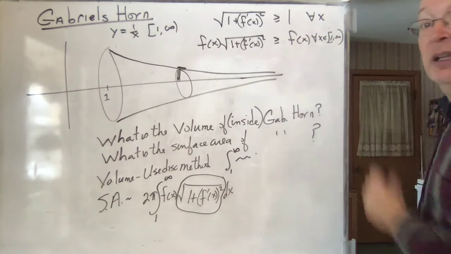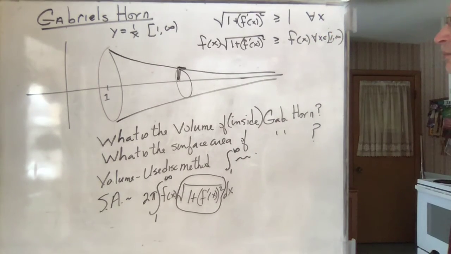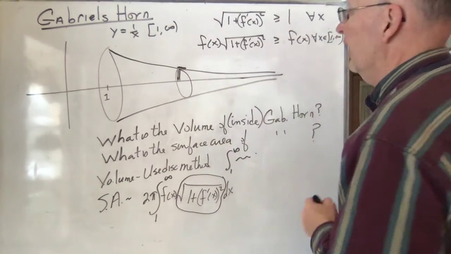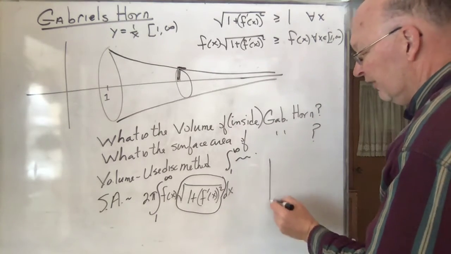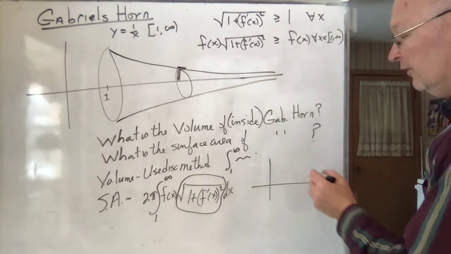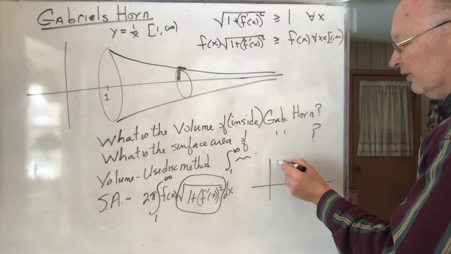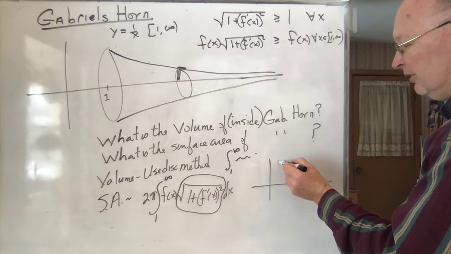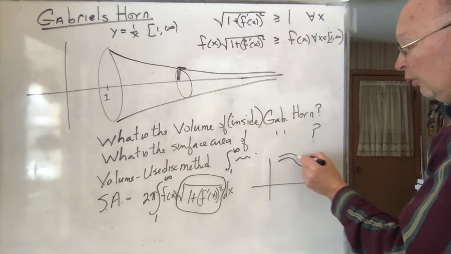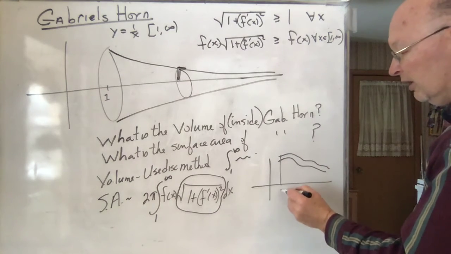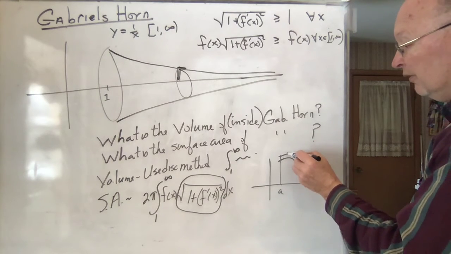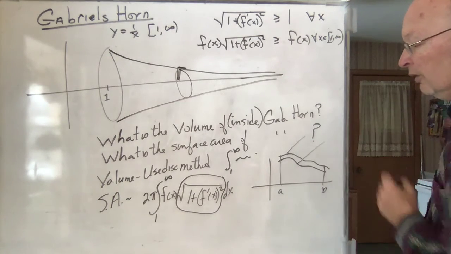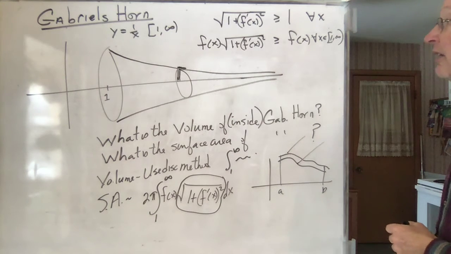So this is less than that, and this is greater than or equal to that. And then you can again apply something from Calc 1. If you have one function which is always greater than or equal to another one on any given interval, then the integral of this function is going to be greater than the integral of that function, right? It's got to be the case.